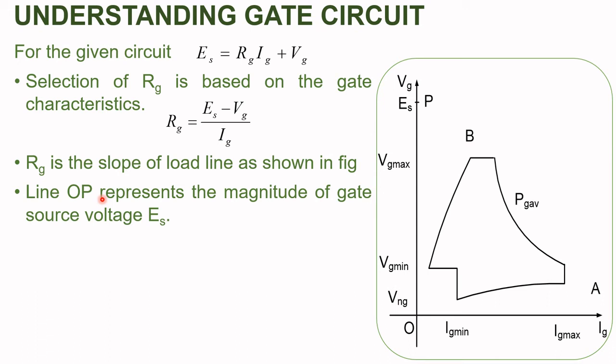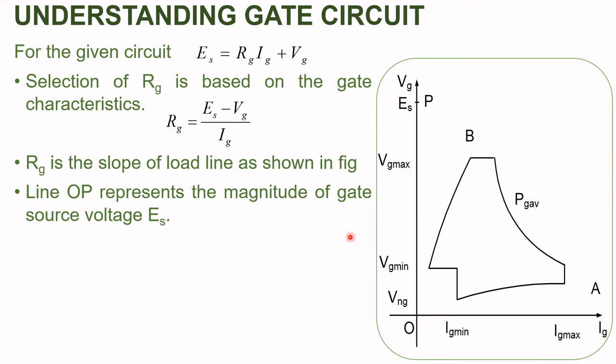Now let us try to see how this equation is placed in our characteristics. Rg is a ratio of voltage and current. Voltage is the difference between source voltage and the gate voltage, and current is the gate current. So in these characteristics we can say Rg is the slope of the line drawn from point ES towards the x-axis.